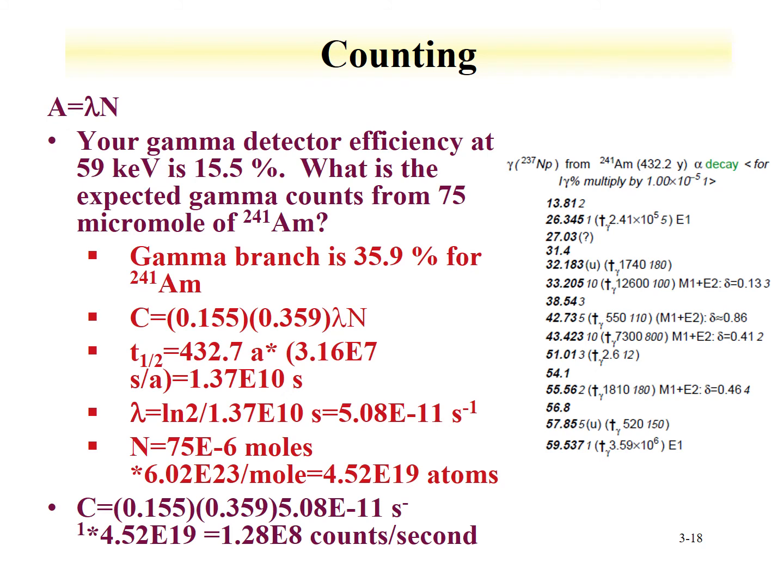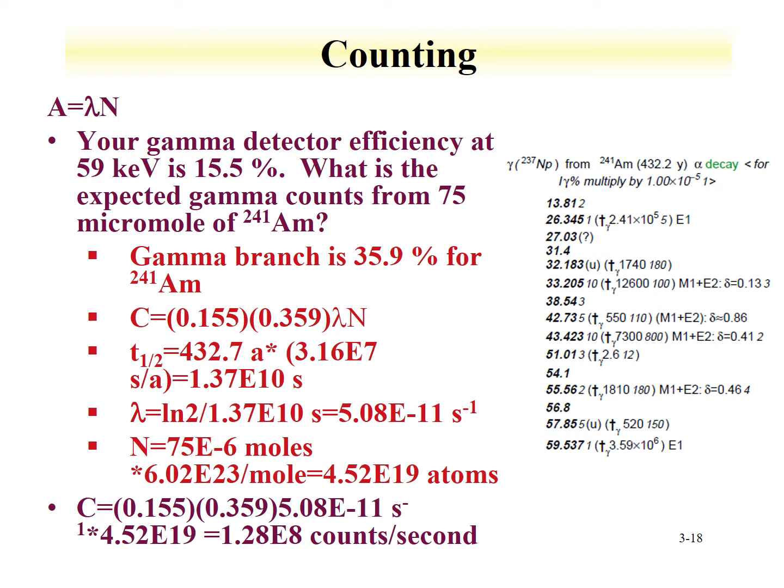Now we can use, again, activity equals lambda N from an example where we actually do some counting. Let's say you've got a gamma detector, and at 60 keV, the efficiency is 15.5%. What is the expected gamma counts from a 75 micromole concentration, 75 micromoles of americium-241?